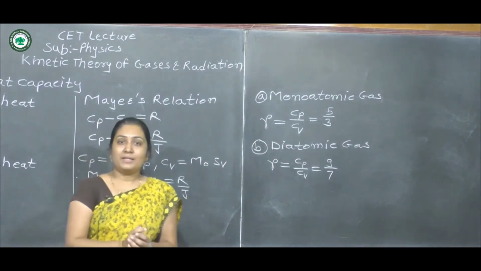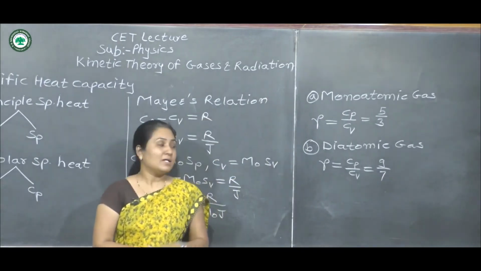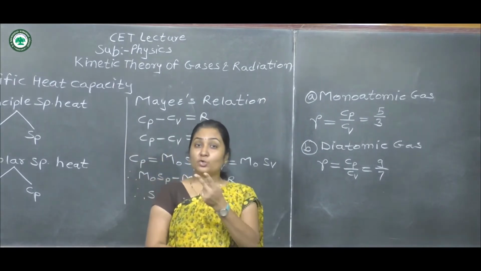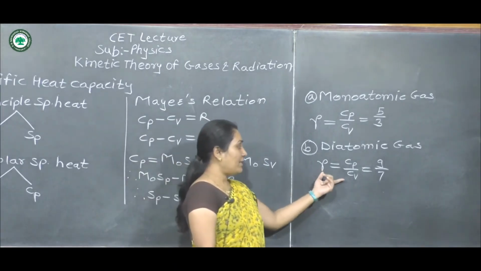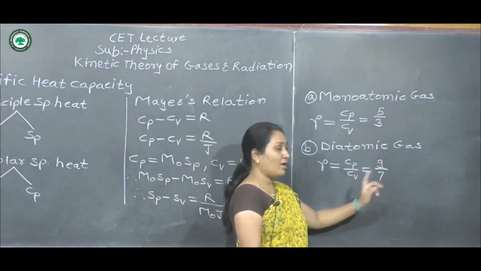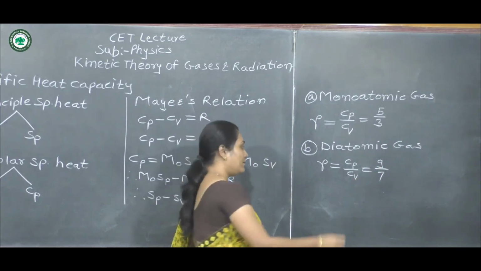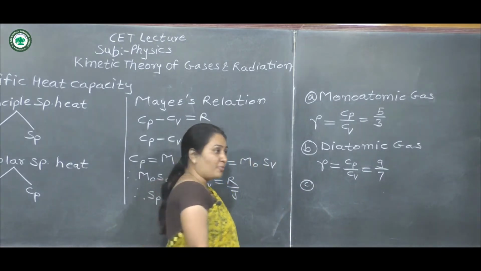Diatomic gas means hydrogen, oxygen, these gases have only 2 atoms, so these are called diatomic gases, and the adiabatic ratio for these diatomic gases is given by 9/7. Then the third type is polyatomic gas.